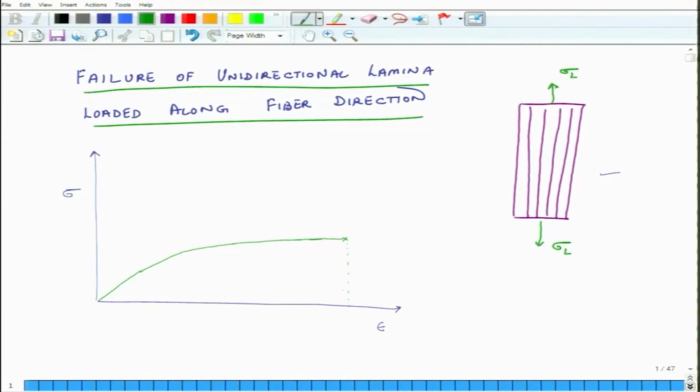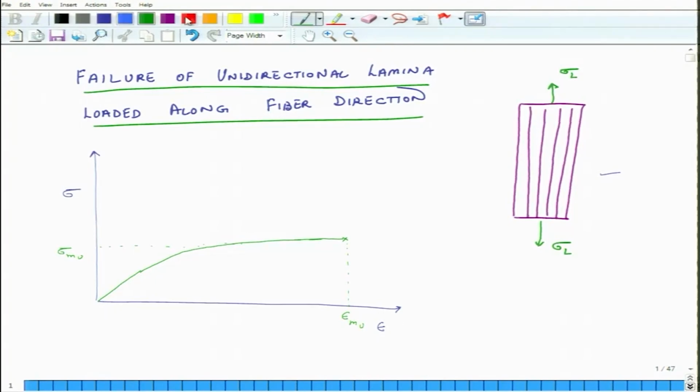So, this strain at which the matrix is failing, I can call it epsilon mu, the ultimate strain in the matrix at which it fails, and the corresponding stress at which it fails, I can call it sigma mu. It is the ultimate strength at which this matrix is failing.